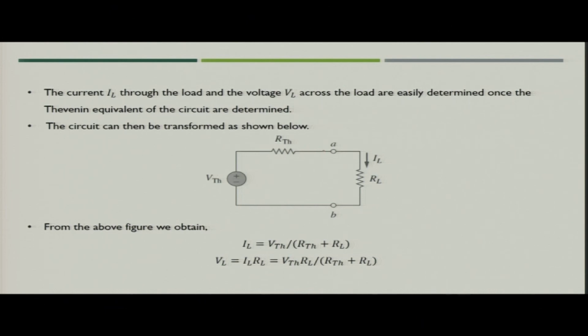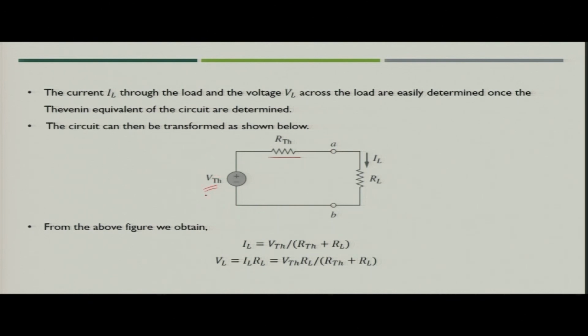Now, the circuit external to your load RL would be replaced by its Thevenin equivalent, that is VTH and RTH. In that case, RL would be your load, and there will be one resistance RTH, the Thevenin equivalent resistance, and both would be connected through a voltage source, which is nothing but the Thevenin voltage.